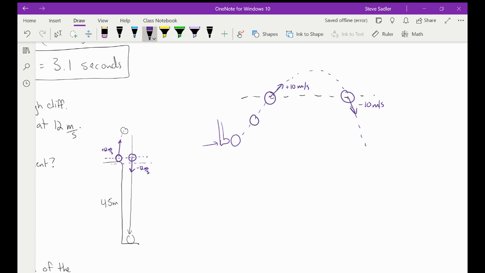If the ball was here and it was traveling at positive 13 meters per second, well, at the same height, but on the other side, it's going to be traveling at negative 13 meters per second. And that's just because we don't have air friction. Normally, if we had air friction, it would be a little bit different, but in this case, we're not dealing with air friction.